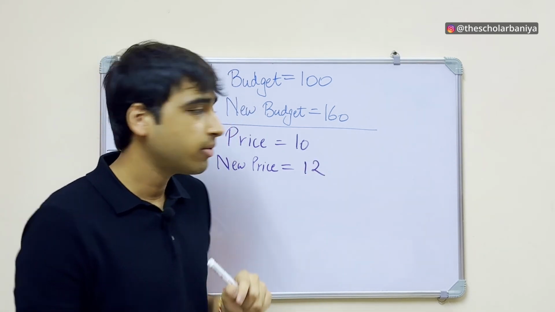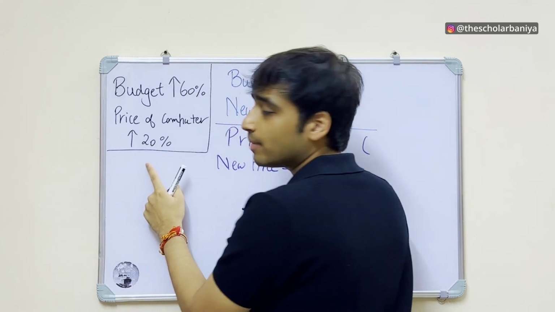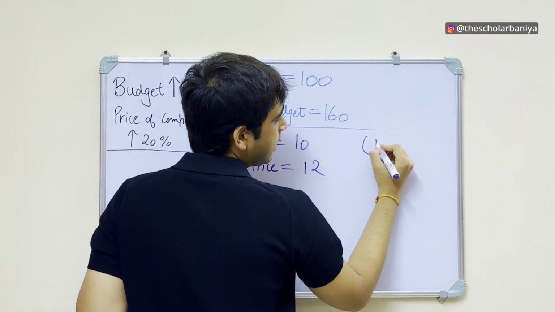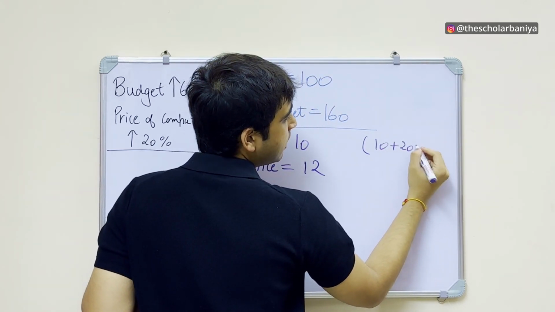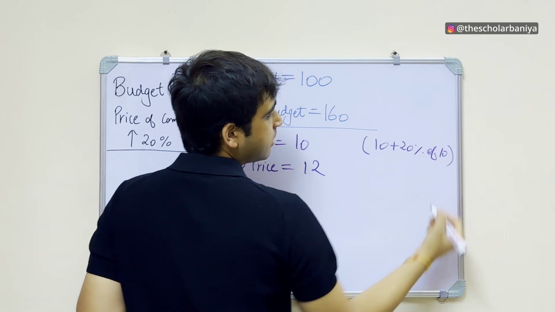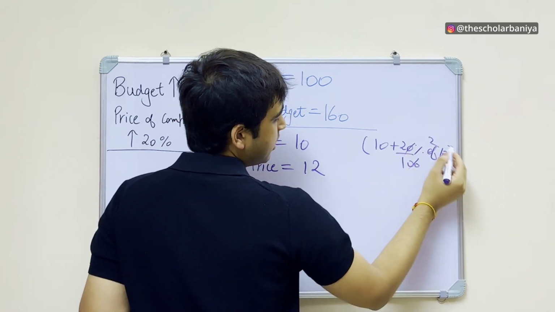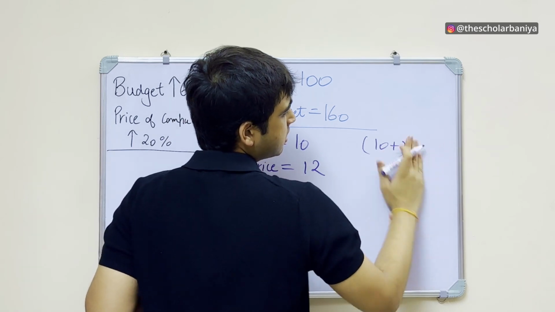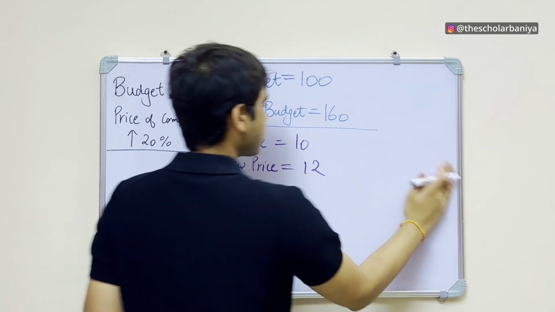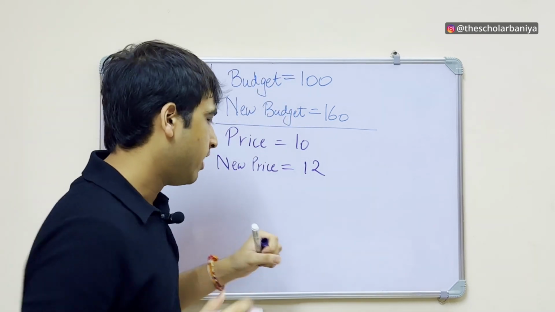The new price becomes 12. Why? Because it increased by 20%. So 10 plus 20% of 10, so this is 20 upon 100, so 5, 2. So 10 plus 2 is 12. I hope this should be fine, right? So the new price becomes 12.